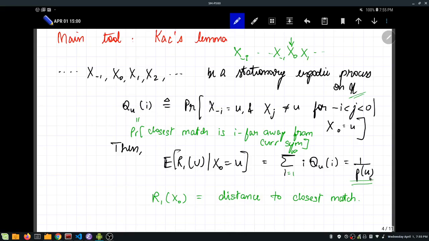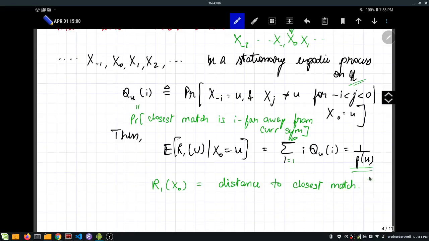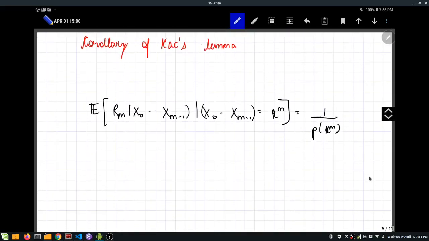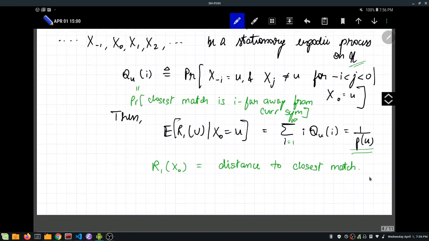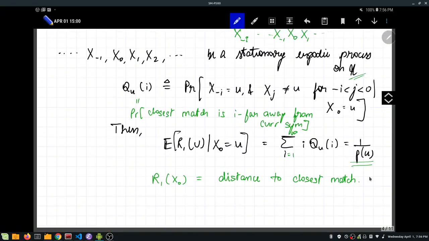I'll prove Kac's lemma later, but let's see how this can be used to prove the optimality of LZ77. But before that, let's look at a corollary of Kac's lemma. This lemma was originally proved for a single symbol, so R1 of U. You want the closest match to x0.